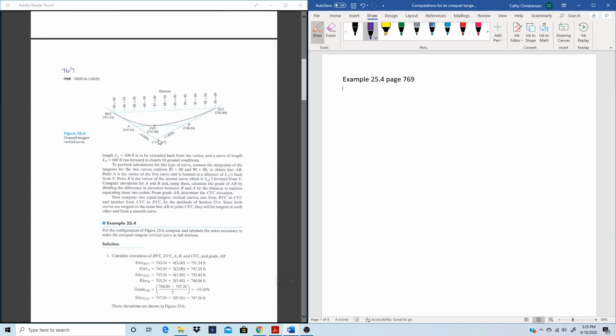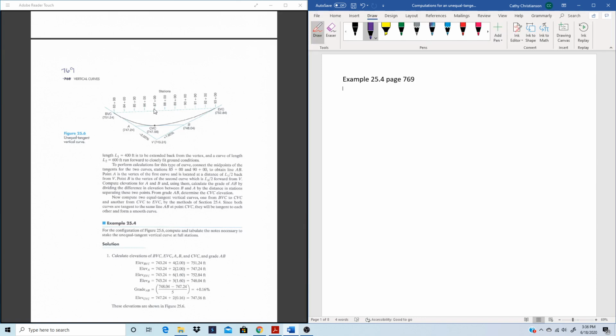And then from the V to the end vertical curve, this is 87. So plus 6 would give me 93, and my B is halfway, which is L over 2, 6 divided by 2, which would be 3 stations, so that would be 90. And then the CVC is always the station of the V.